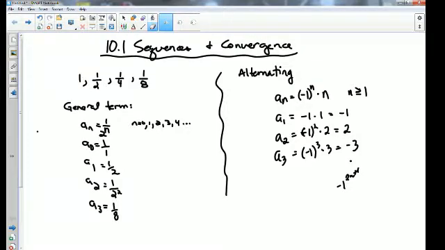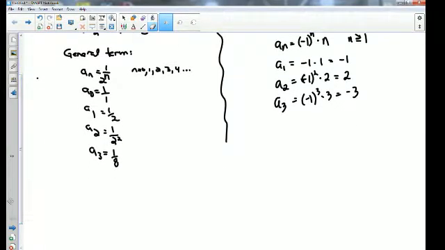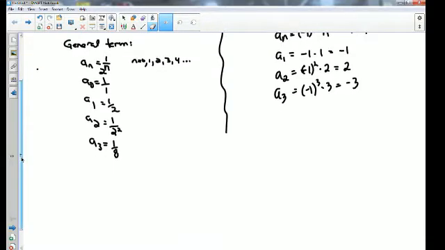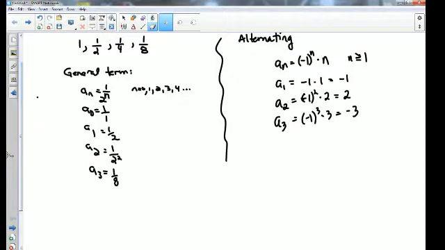All right. Let's talk about convergence. If I were to say one of these two sequences converges, which one would get your vote?